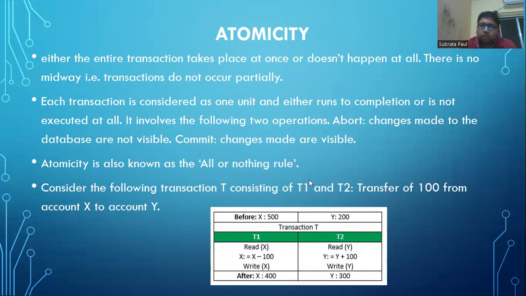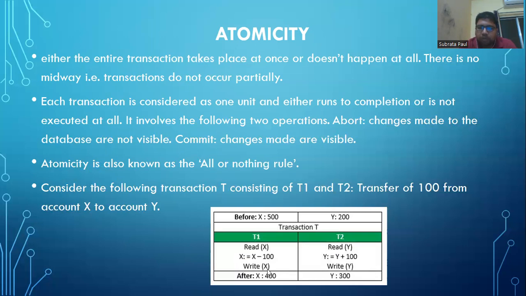If we try to understand atomicity with a real life example, let us consider that there are two persons, X and Y. X is having 500 in his account and Y is having 200 in his account. We are doing a transaction. Suppose we are transferring a sum of 100 rupees from X to Y. That means the balance of X will be decremented by 100, whereas the balance of Y will be incremented by 100.